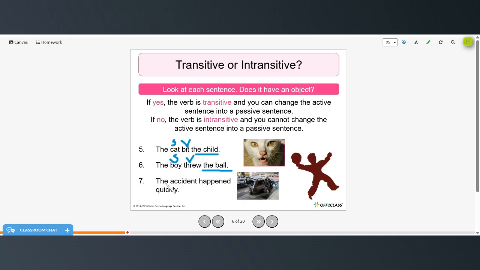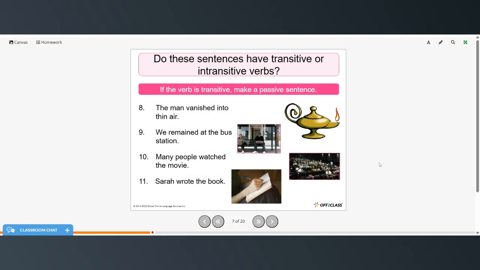The accident happened quickly. So here there is no object, and so happened would be an intransitive verb, and you cannot change this into a passive sentence. Right? So if the verb is transitive, make a passive sentence.